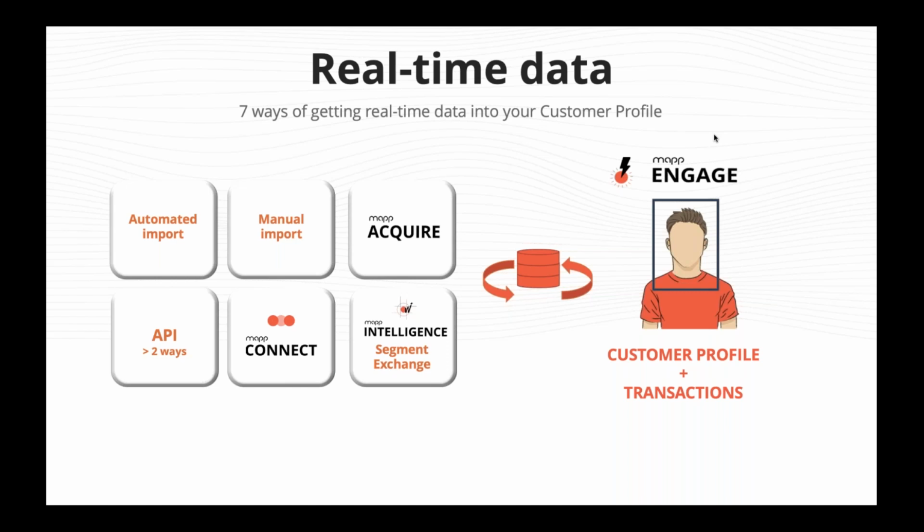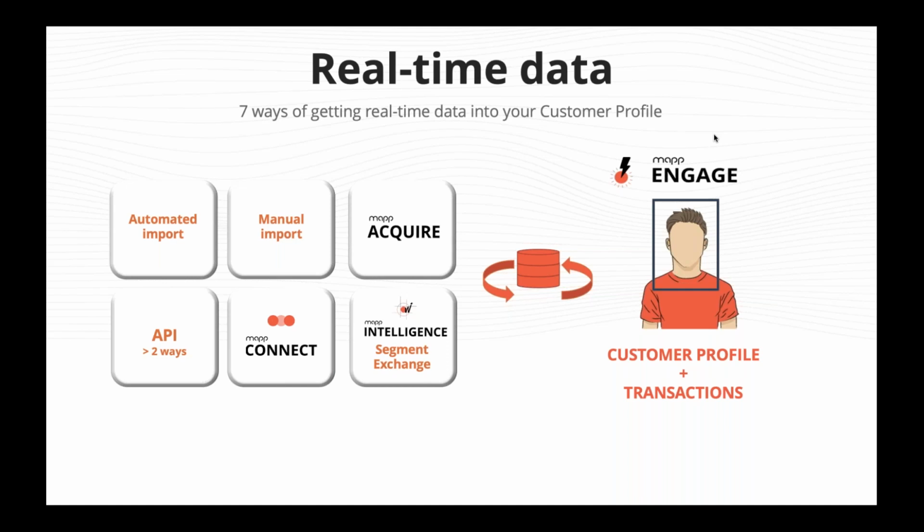And if you're thinking, well, I'm aware of those things, I might have seen already some of the demos of how Mapp does it, but perhaps the ability to ingest data into Mapp is something that's holding you back. Well, you don't have to worry about that no more, because we have 7 different ways of getting this real-time or batch customer data into Mapp customer profile.